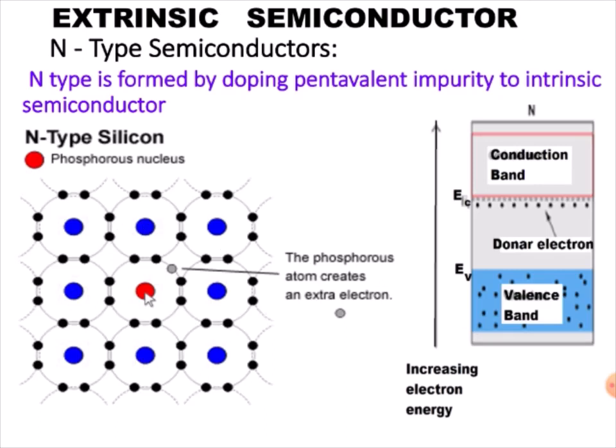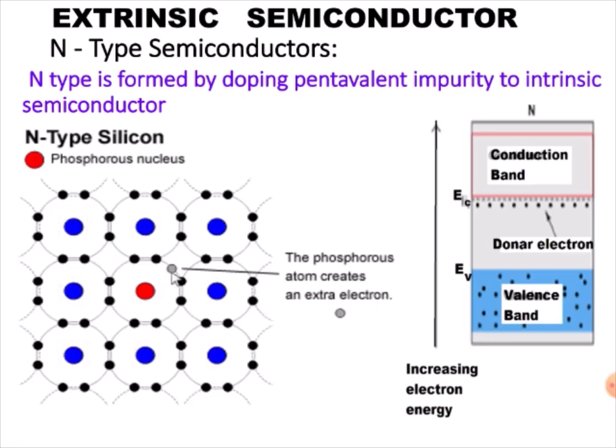So what happens in the phosphorus atom? It has five valence electrons because it is a pentavalent atom. Four of them are used up in forming covalent bonds with the four neighboring silicon atoms.